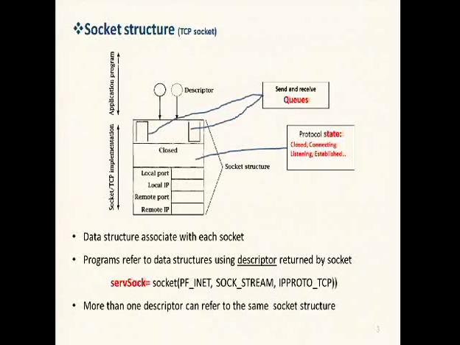The state field can tell you whether the TCP is in the closed state, established state, connecting state, or whatever the case is. And here, these are very important pieces of information: local and remote. We have local information, which is the IP address and the port number, and we have the remote, which means whoever we need to connect with. As we will see in the next slides, these are very important.